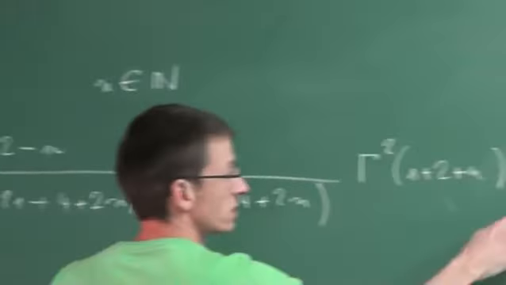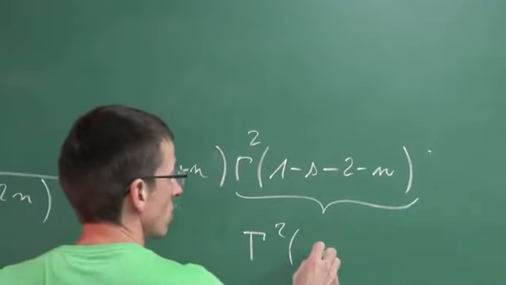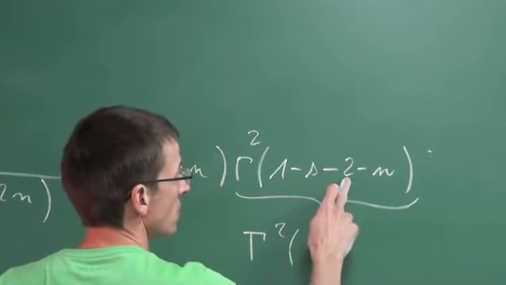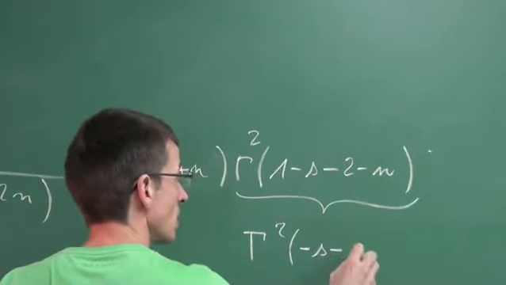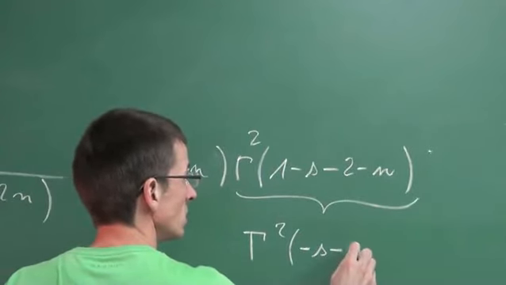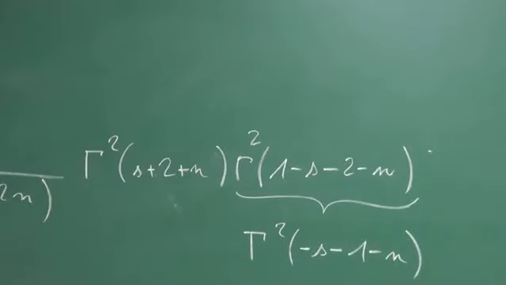But here, what I have is gamma squared of 1 minus 2 minus 1 minus s minus 1 minus 2. So the singularities are here.